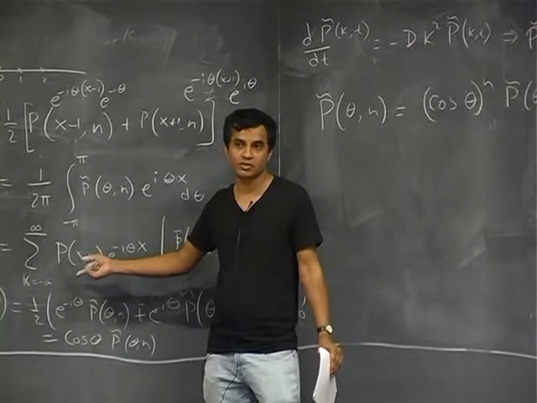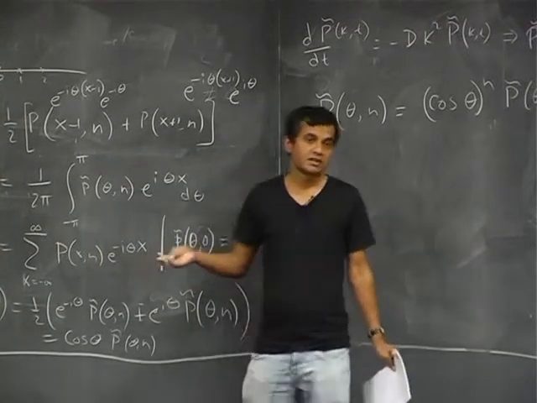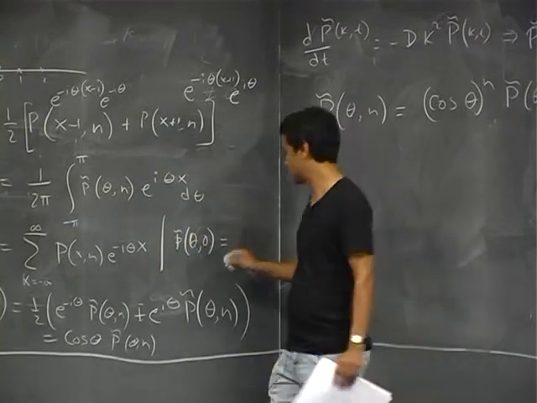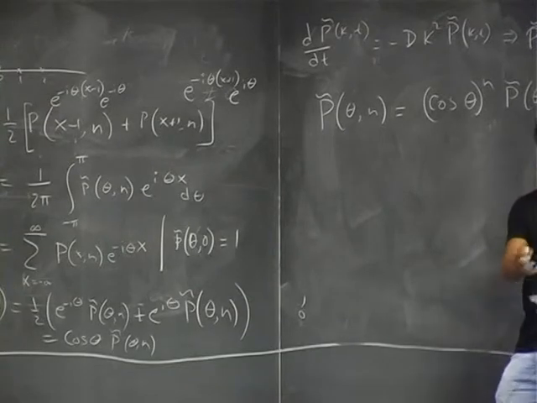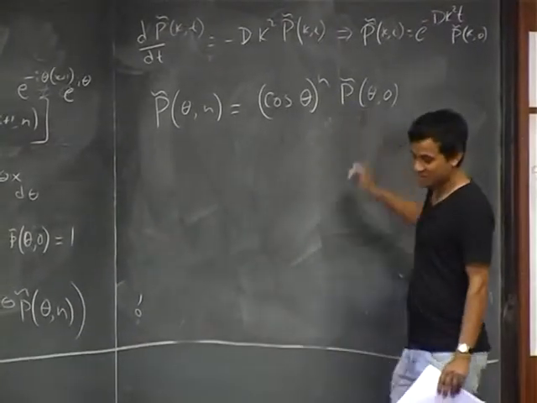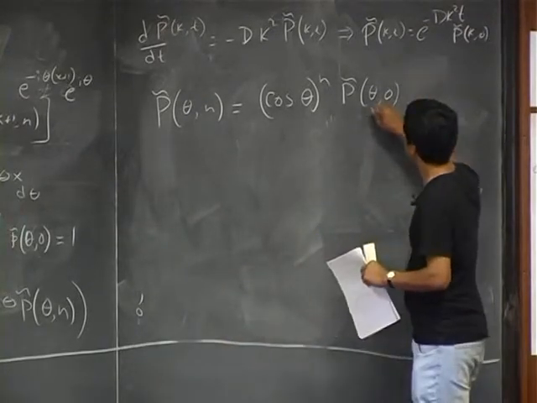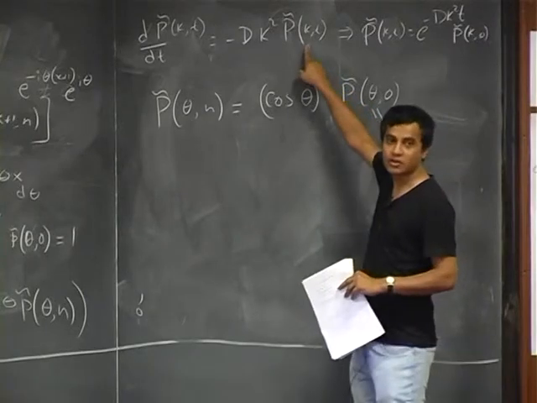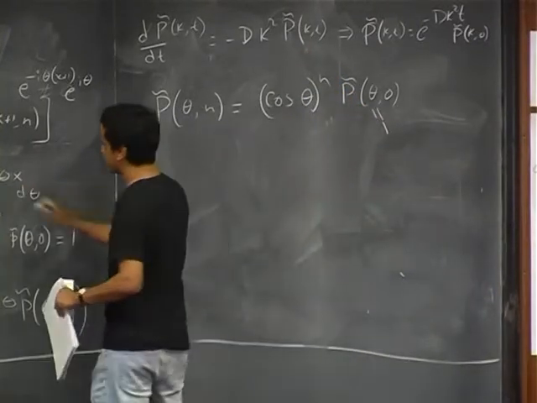It's at x equal to 0. So that means this summation is 1. Okay, so this is therefore 1, right? And there also I think we had got 1, even in the continuum case. So this is the solution, and now you just plug it in here.